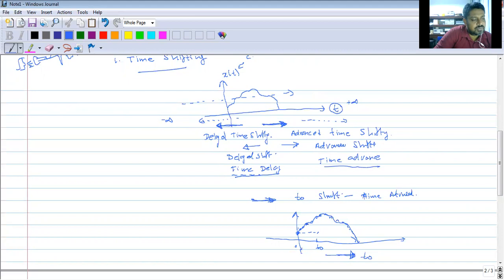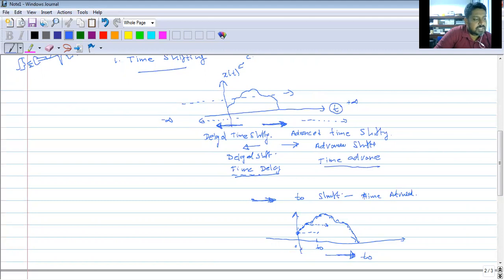This point also will move by t naught. If we consider any point here, that point also will move by t naught to this direction.